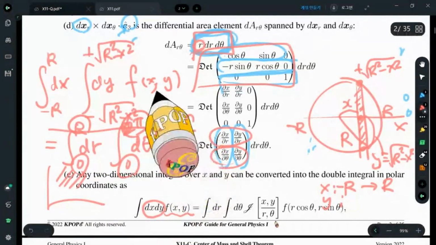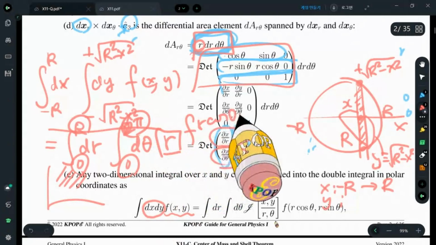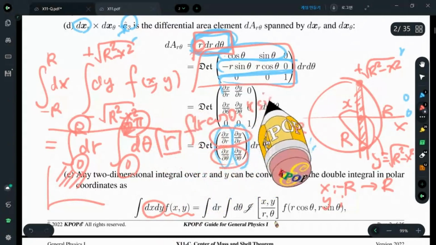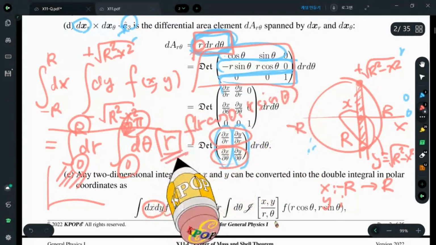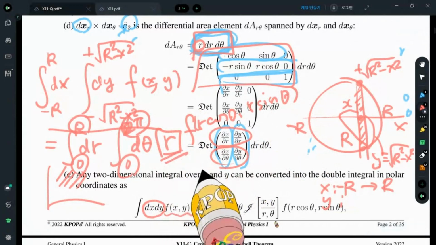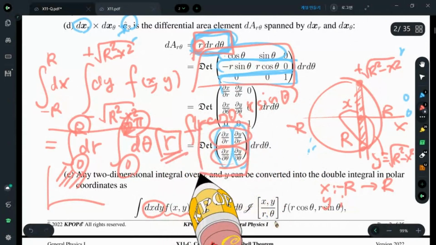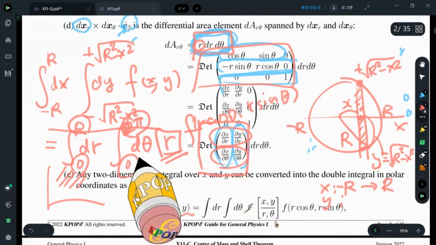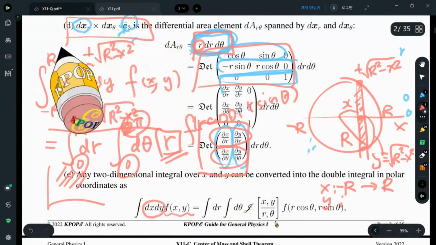So here I substitute x is r cosine and y is r sine. I need to multiply this r. R may be computed by using this determinant that is called the Jacobian, but that is simply coming from this triple scalar product.